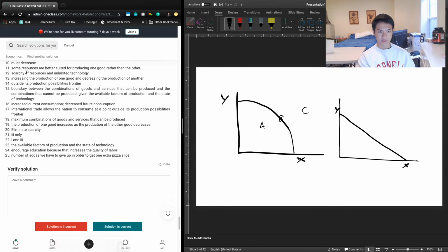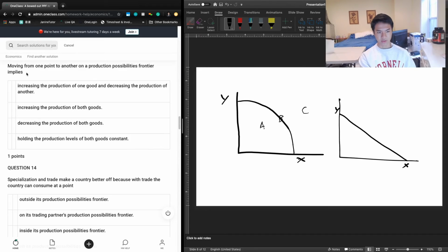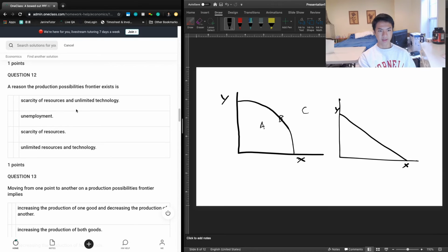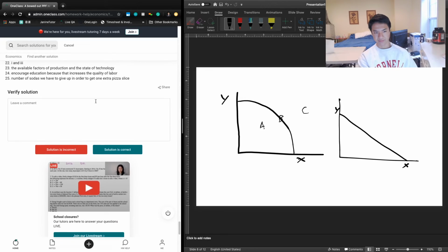And so scarcity of resources and unlimited technology. I'm going to push back on that question from the previous tutor and say that if you have unlimited technology, you wouldn't have the PPF as well. And so we'll make a note of that for question 12. Scarcity of resources.